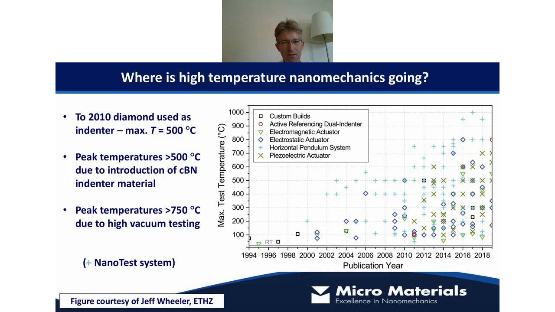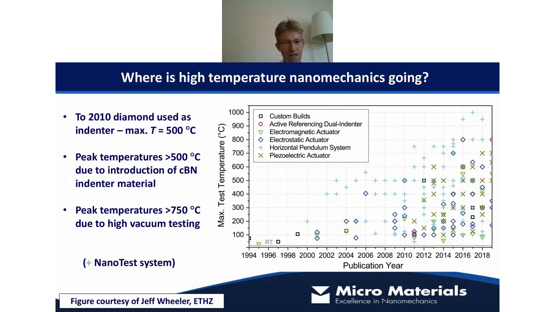As the technology's got more and more reliable over the years, the maximum temperatures have gone up. This shows a range of different indenter materials, of which the NanoTest system is the pluses shown there.